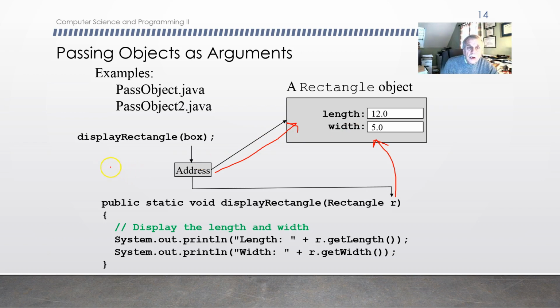So what we've done is, again, pass by value, because we took the value that's in here, and that's what got deposited into r. But it looks like pass by reference because we've got two different things that are now pointing to, or referencing, the same memory location. But technically, it is pass by value. Think about that, and hopefully that'll make sense to you.